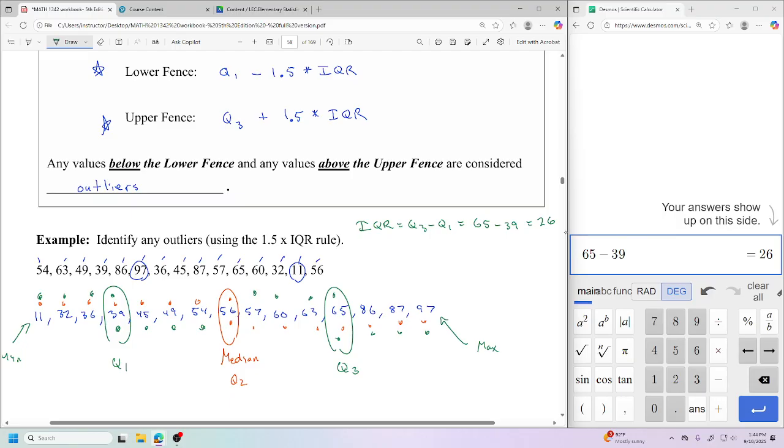So 26 by itself doesn't mean anything. It's just a number right now. But we're going to use it in these two formulas. And so let's start with this Q1 minus 1.5 times the IQR. And I have all those numbers. And so my Q1, 39 minus 1.5 times the IQR, 26.